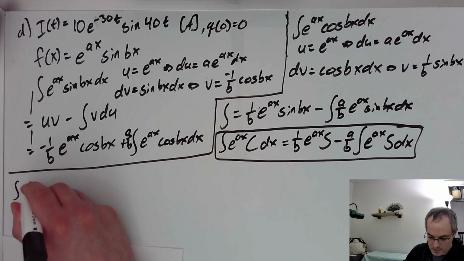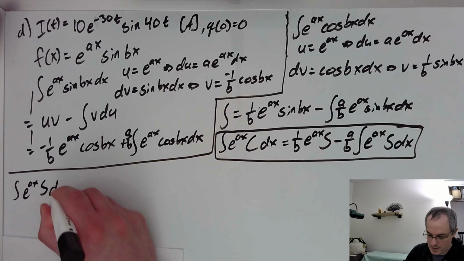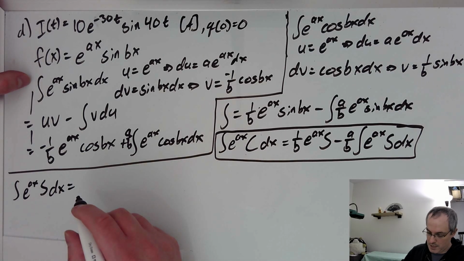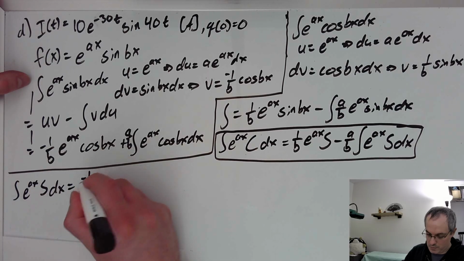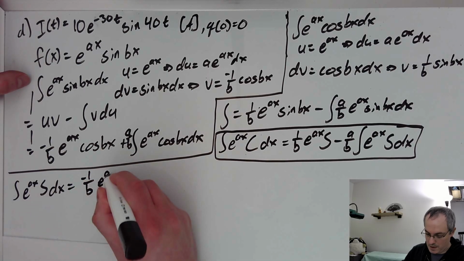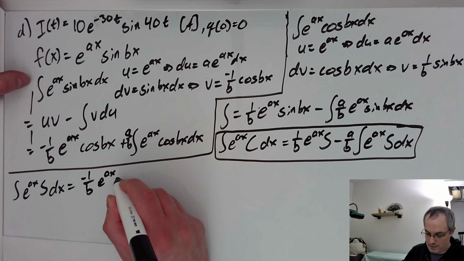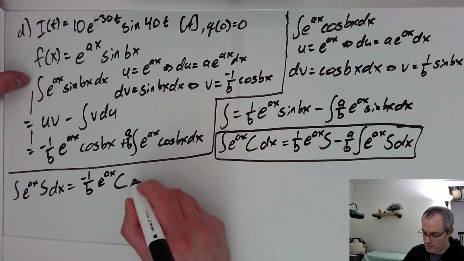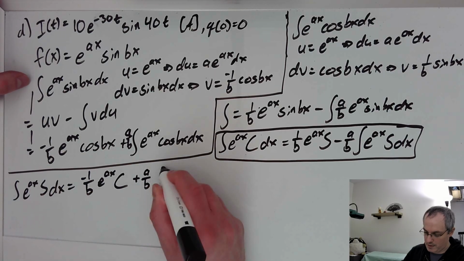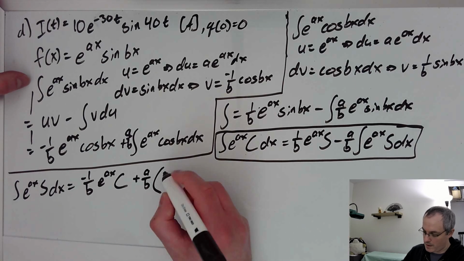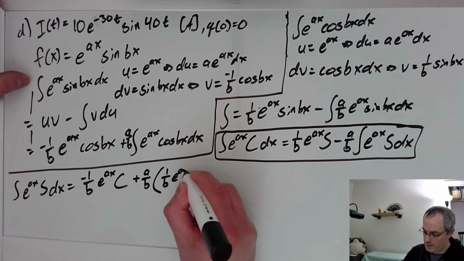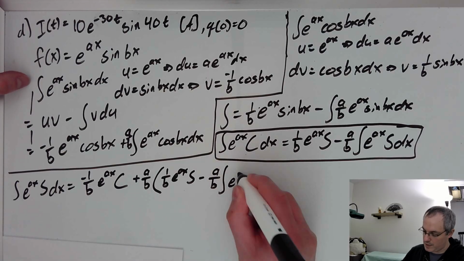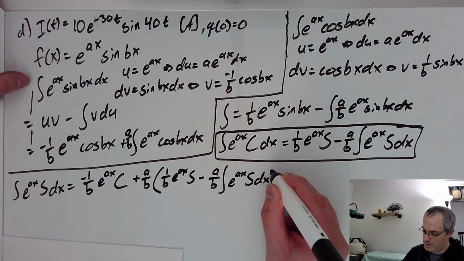Let's do that. The integral of e^(ax) S dx, which is the integral we actually want to know, is equal to minus 1 over b e^(ax) C, plus a over b times this thing, 1 over b e^(ax) S minus a over b integral e^(ax) S dx.